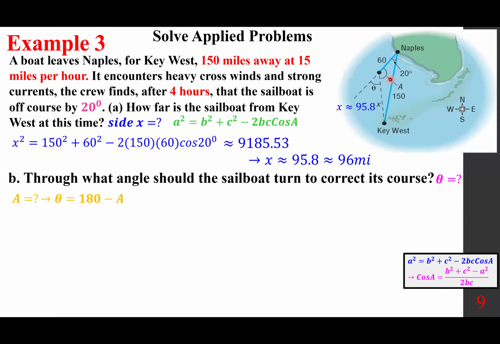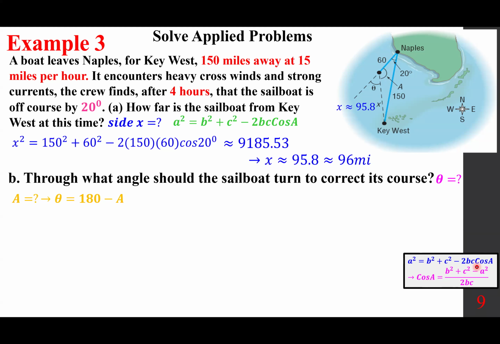We want A. So cosine A equals b squared plus c squared minus a squared divided by 2bc. You can use that formula, or just a squared equals b squared plus c squared minus 2bc cosine A. It makes no difference. In essence, these two are really the same, okay?